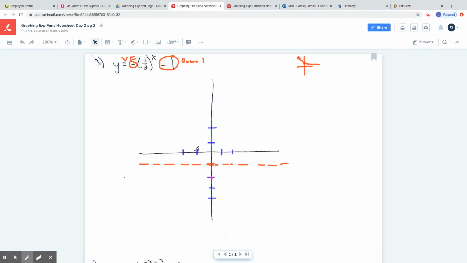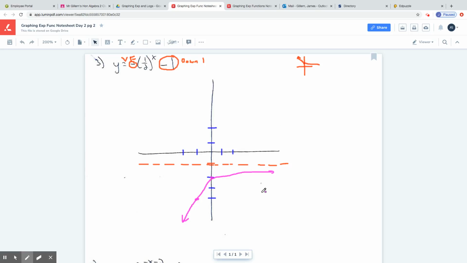We would be at negative 1, 2. We do a vertical flip, we're at negative 1, negative 2, and move down 1. So we're at negative 1, negative 3. And we have our graph that looks like that. So this was the shape. You can see it gets flipped over, so it looks like that. And then everything got shifted down 1.